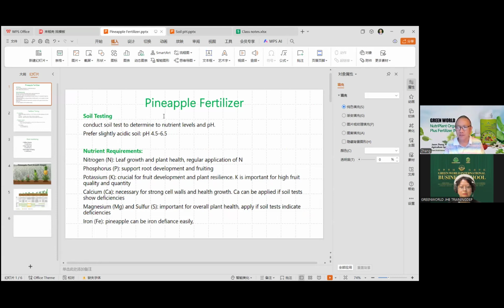But because you use NOPF, your soil pH will go back to a normal level, because you didn't overdose chemical fertilizer or anything else. So this is the indirect result of soil pH improvement.